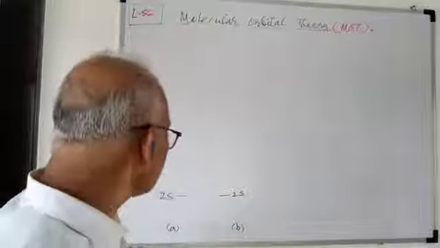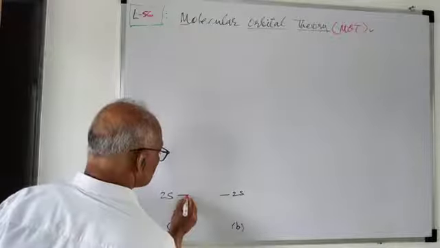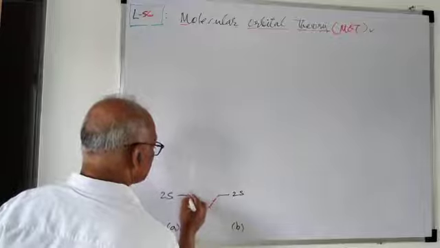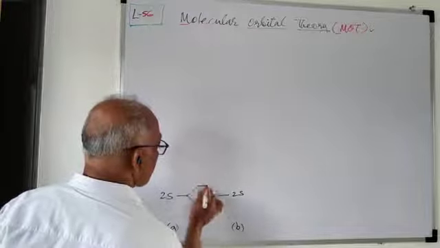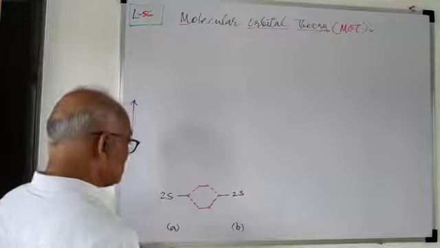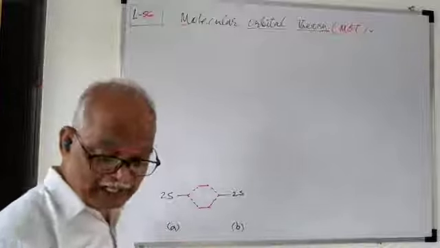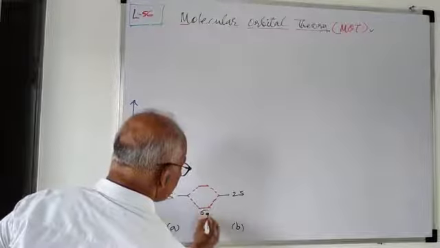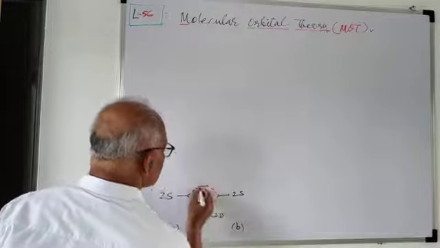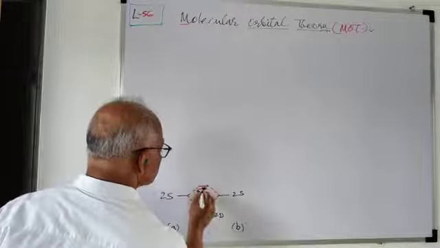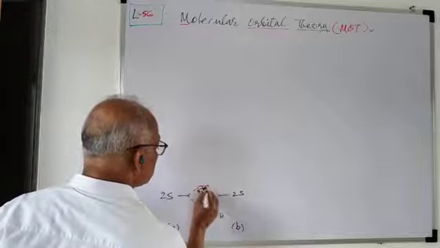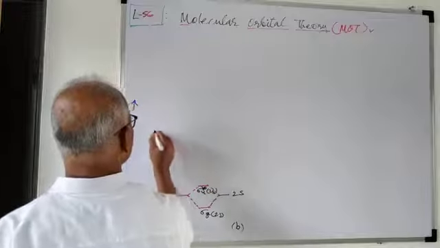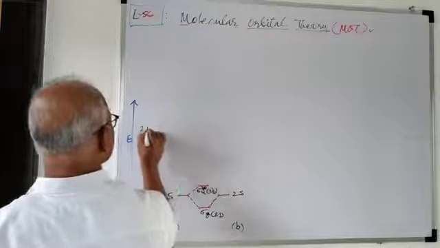As a result, they undergo a linear combination to produce the bonding molecular orbitals and antibonding molecular orbitals. So this is sigma g 2s. This is sigma star u 2s. Then we will have another orbital, that is 2p.